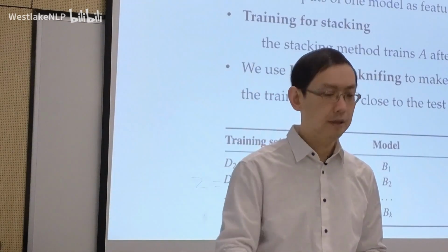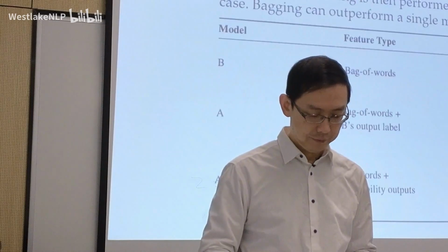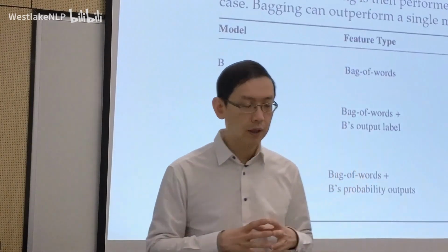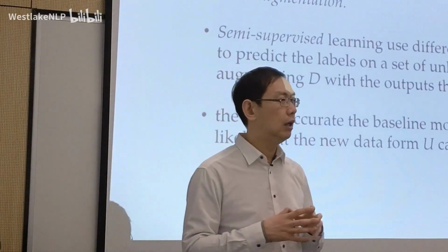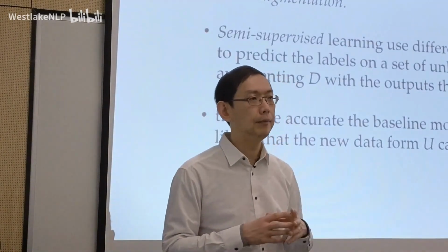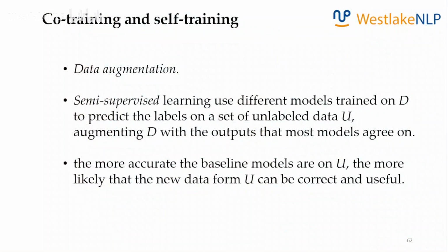The last topic is called co-training. It's another way to ensemble different models, but this time using a lot of raw, unlabeled data. The basic idea is still like we vote, but we don't vote on the test directly; we vote on training data. Suppose we have a lot of exam papers that were never answered.